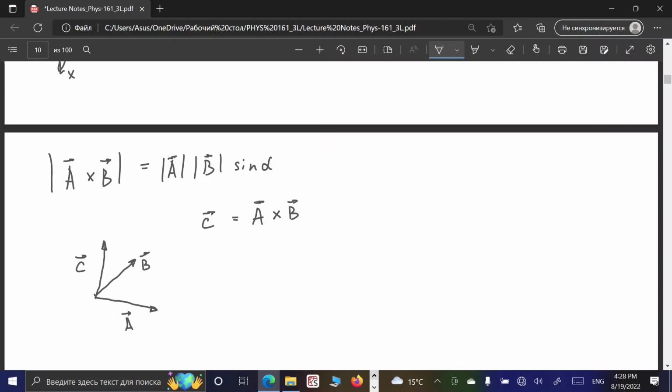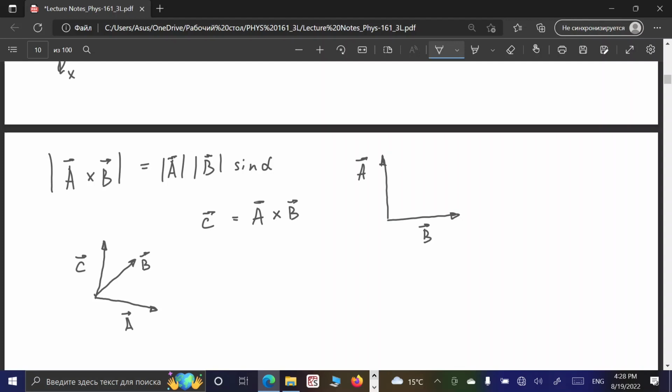So for maybe better understanding, let us consider two vectors, A vector and B vector, which are drawn in the plane of the whiteboard.